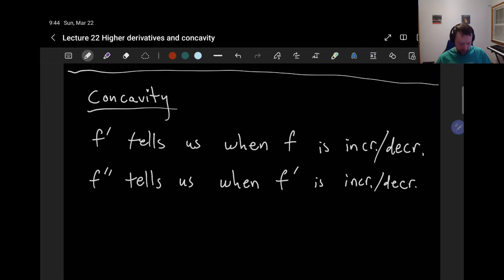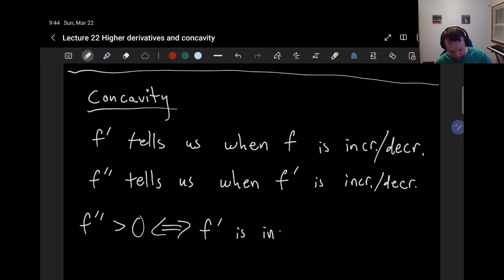So when f double prime is positive, that means the derivative f prime is increasing. So what does that look like with respect to f, the original function? So let's focus on that positive part. If the second derivative is positive on an open interval, it means f prime is increasing on that interval. And this means the same thing as f is concave up.